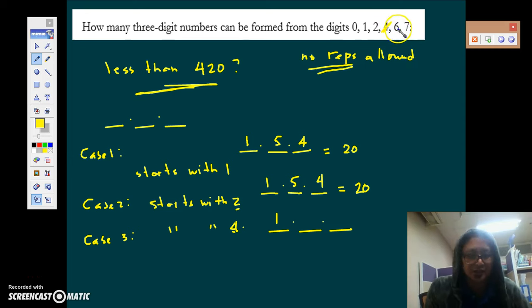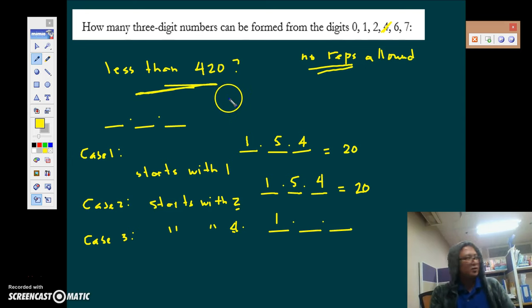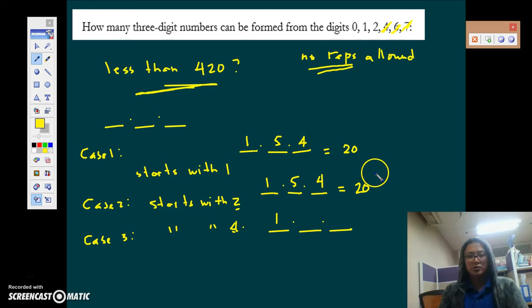We cannot pick 6. Why not? Because that would be something like 460, 461. It's greater than 420. Cannot pick that. We cannot pick 7 also, because that would be greater than 420 also.